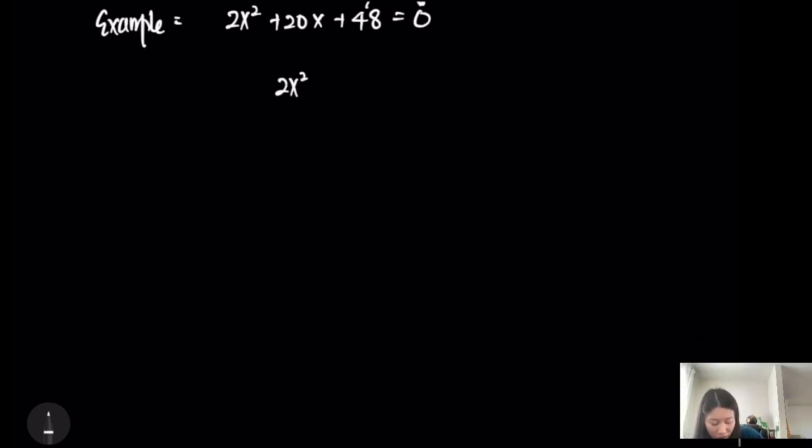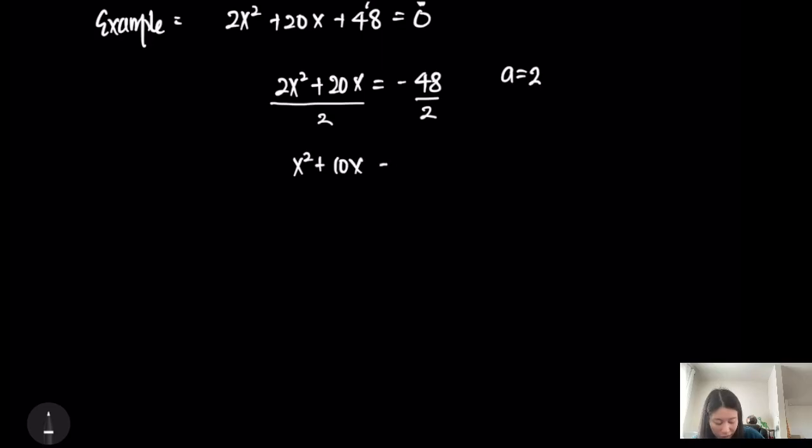So I have 2x squared plus 20x equals negative 48. And then, like I say, our a is equal to 2, and we don't want that. We want a equal to 1. In that case, you need to divide by 2 on both sides. So I have x squared plus 10x equals negative 24.